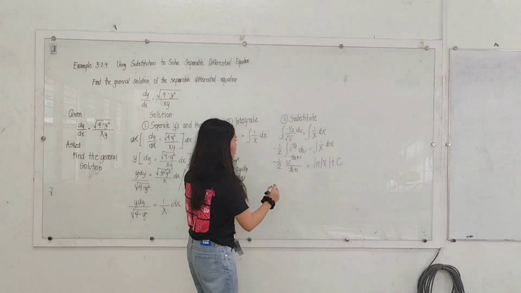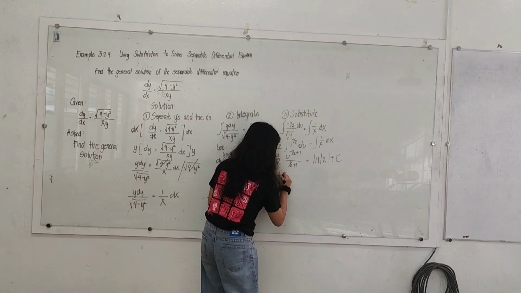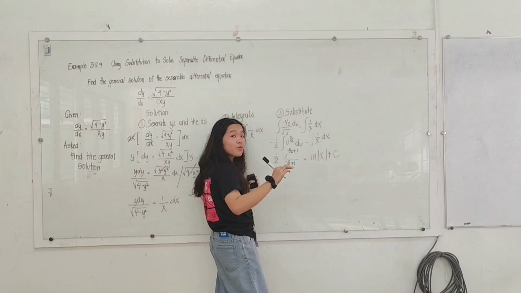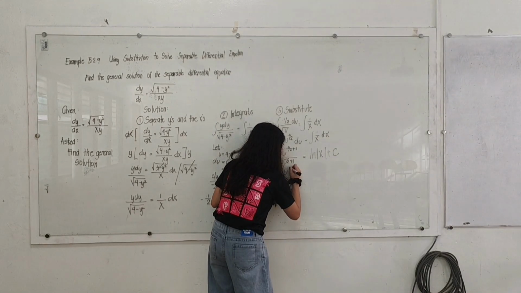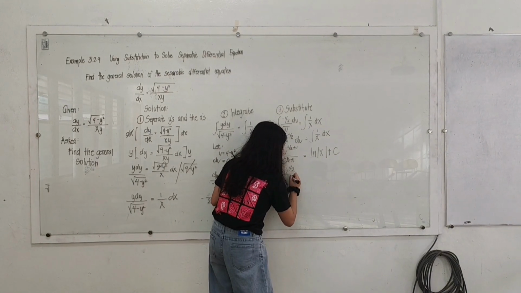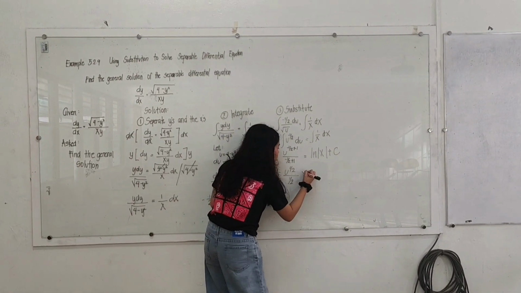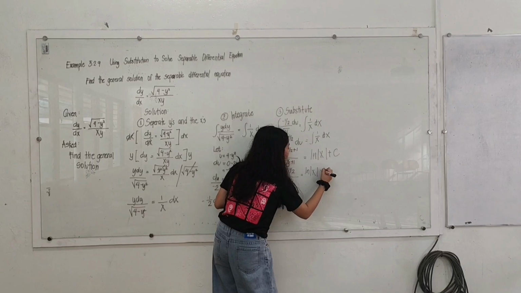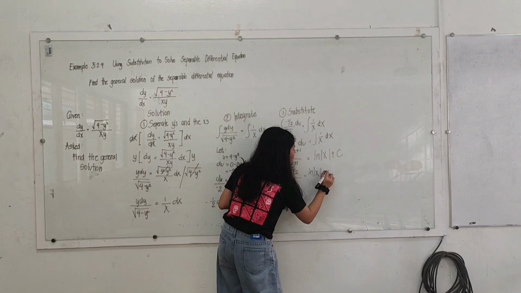Then now, we simplify negative 1/2, then negative 1/2 plus 1 would be positive 1/2. Then here the denominator would be 1. And so ln x plus c.